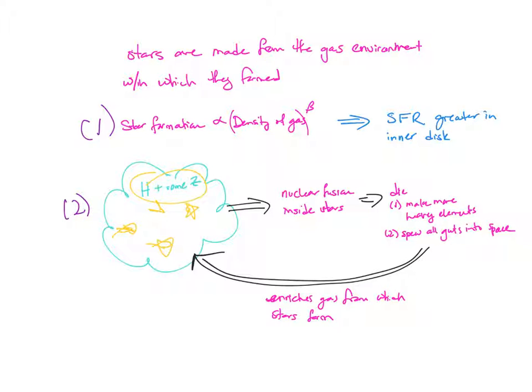So putting these two things together, in the inner part of the galaxy, if you have this high star formation rate, what that means is you're getting a higher rate of this process, which means that the gas in the inner part of the galaxy for the same age star is going to be more heavily enriched with these heavier elements than hydrogen. So if you were looking toward the galactic center and you were looking for a star like our sun, born at the same time as our sun, it would have a lot more heavy elements.